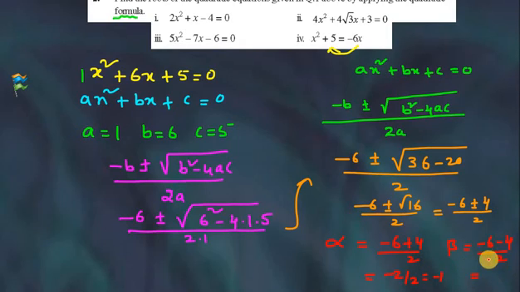So come to the beta, minus 10 by 2, so minus 5. So minus 1 and minus 5 are the roots for the given problem. So very simple sum, just apply the formula and get it.